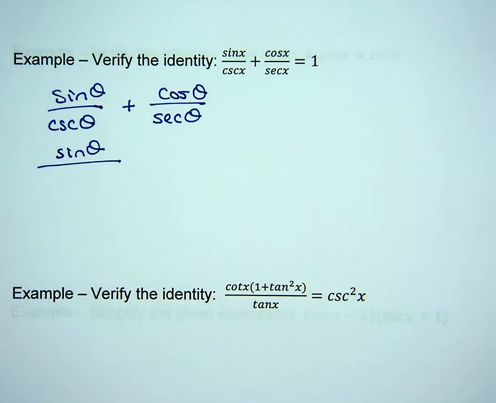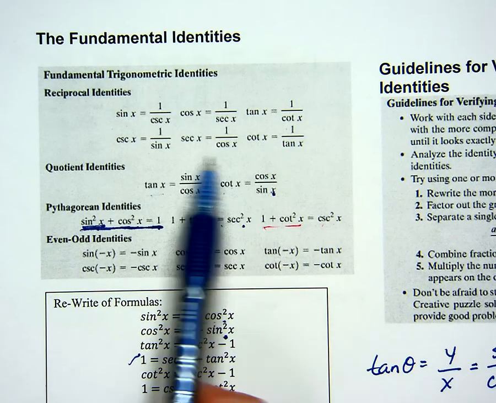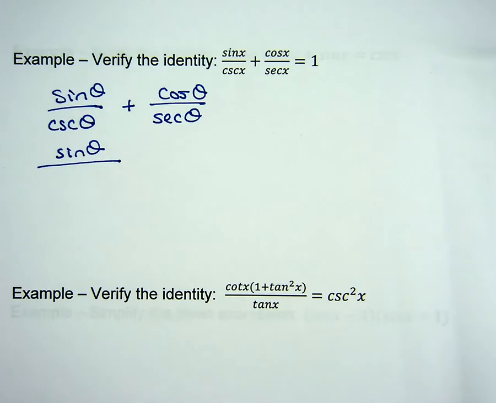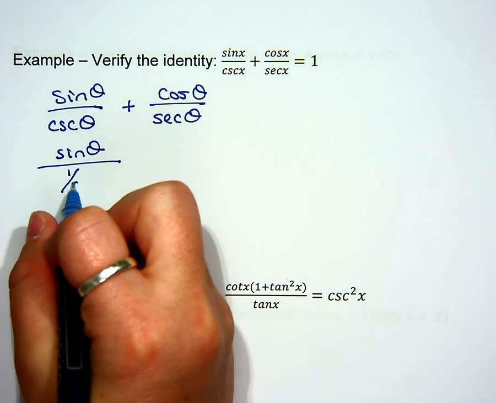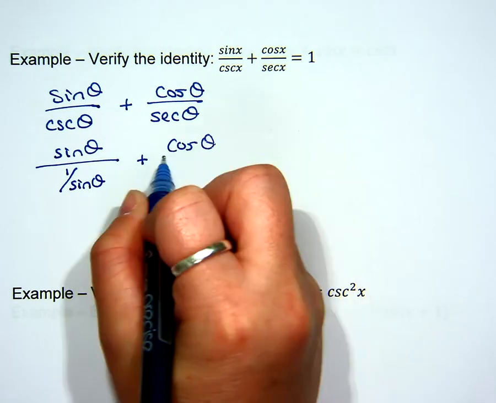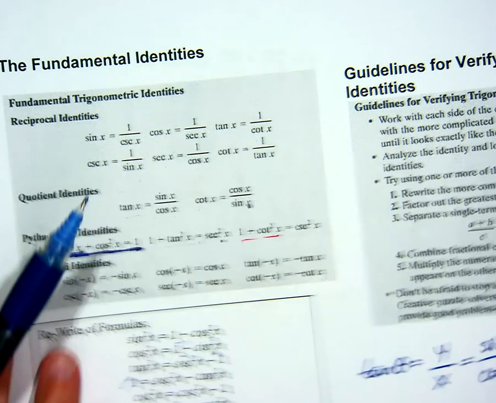For example, cosecant is 1 over sine, plus secant is 1 over cosine.